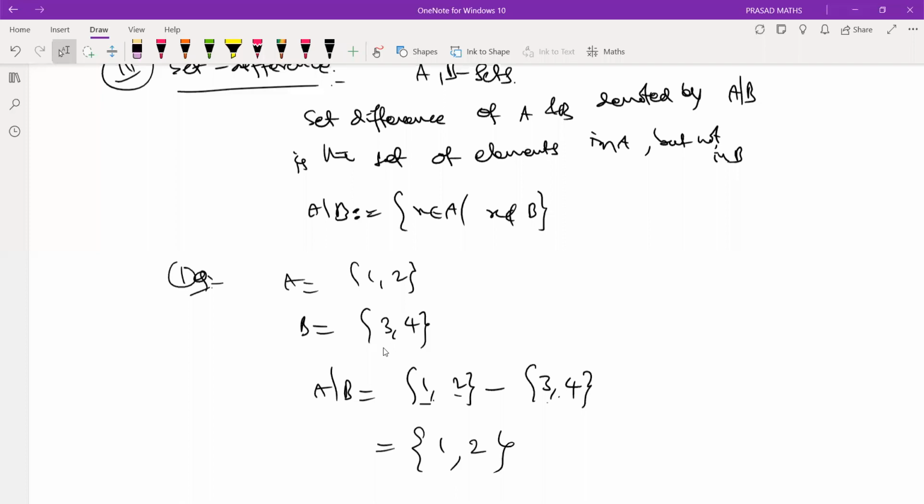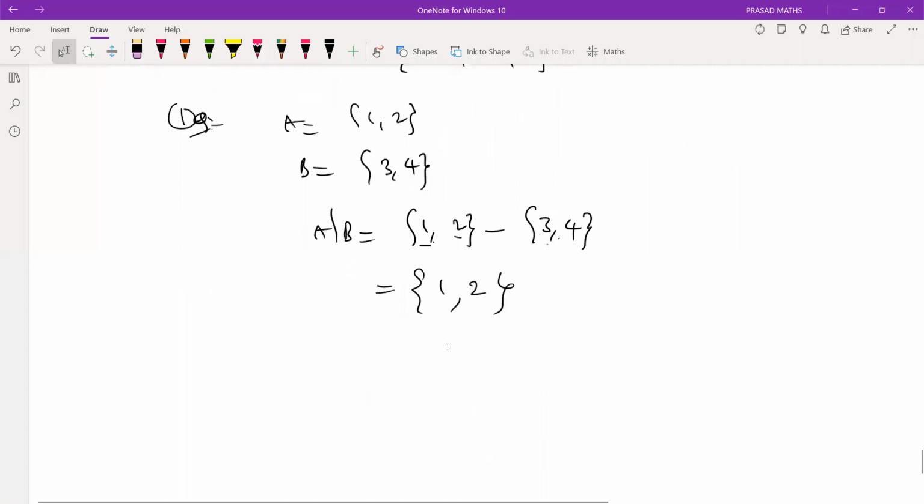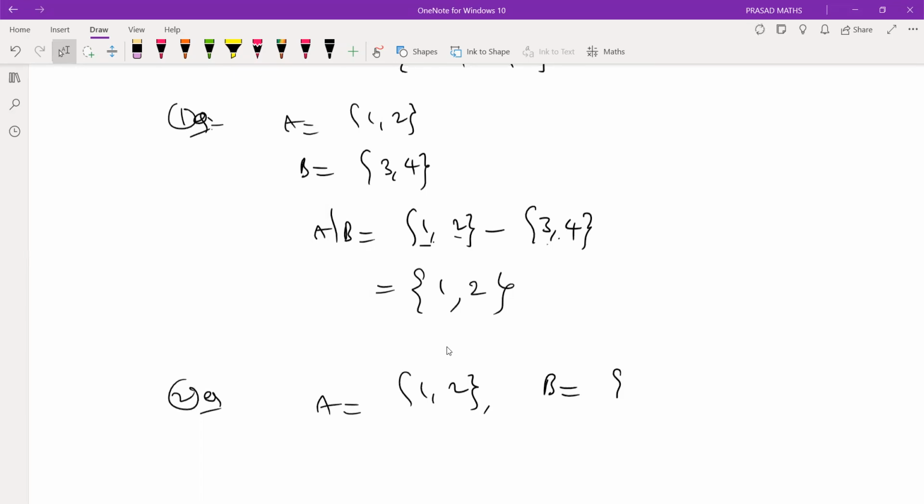Suppose you take A equal to 1, 2 and B equal to just 1 itself. What is A minus B? Only 2, sir. 2 is in A but not in B. Therefore, A minus B is this.